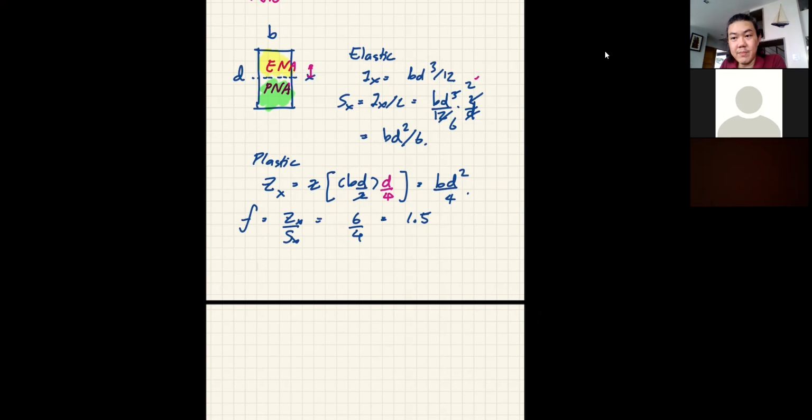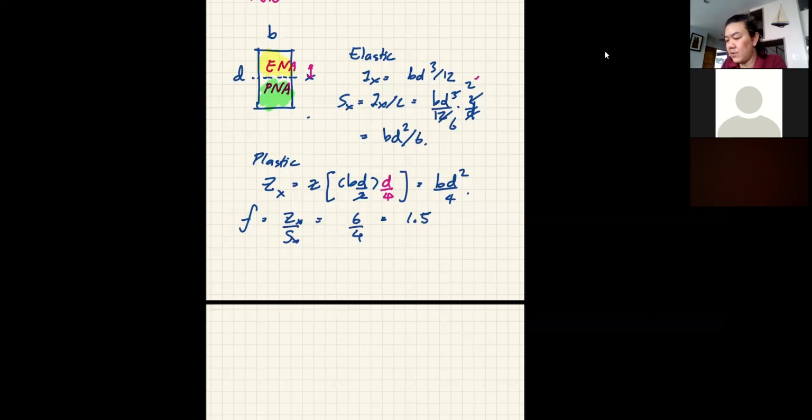Now, yesterday we mentioned that for the H shape, the shape factor is about 1.1 to 1.18. That is because we don't build the solid section like this. It's very heavy and very inefficient in terms of moment of inertia and the use of the material.